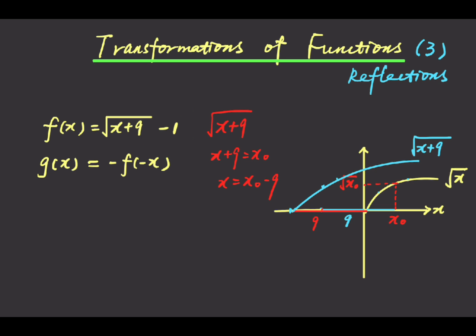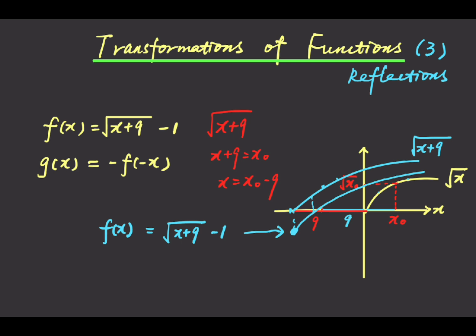Okay, here and here we can get this graph. It should be square root of x plus 9 minus 1. This is f(x). This is f(x).